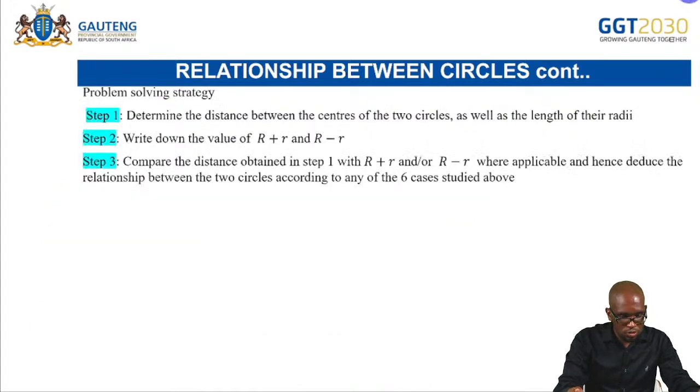Let us do that through these steps. Step 1, determine the distance between the centers. Remember, you need to know the centers first. Step 2, work out the sum of the radii and the difference of the radii. Then compare the distance with the sum and the difference of the radii, and you will know which of the 6 cases is applicable.